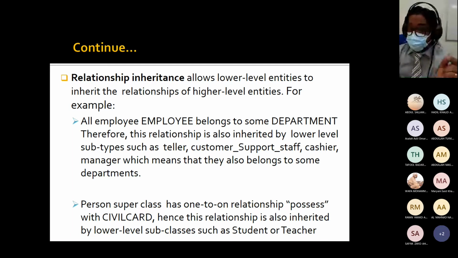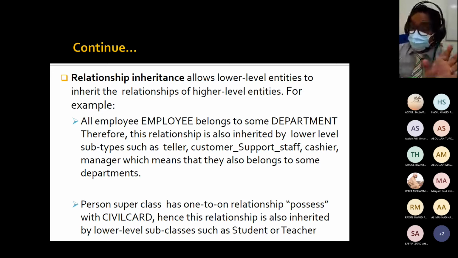lower level subclasses. Why? What are those low level subclasses of the employee? Teachers, lecturers, HOS, HOD, dean, right? They all belong to an employee entity, but the only difference is they have different job positions there.